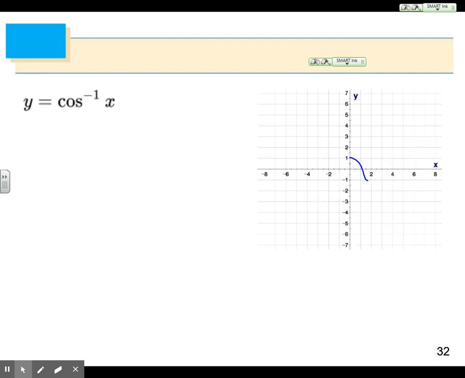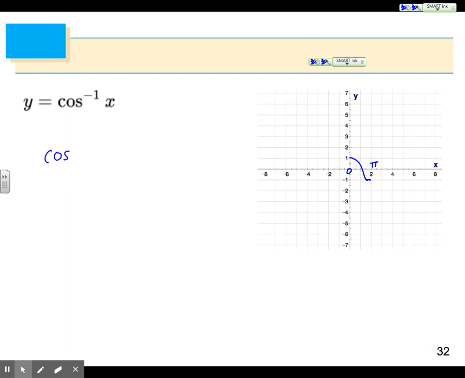Right about there. Again, not drawn to scale, but ideally that would have been from 0 to pi. Making it so anytime I'm wanting to take cosine inverse of something, I have to make sure that my answer is between 0 and pi.